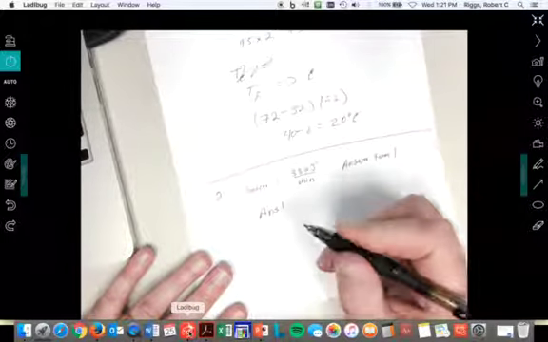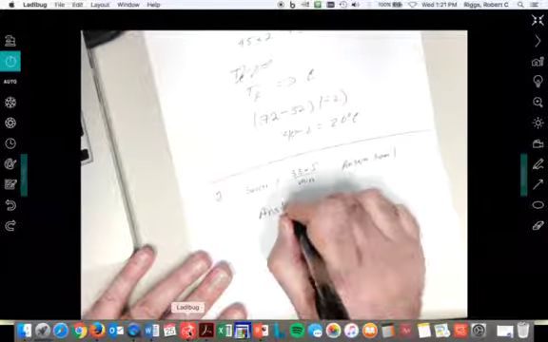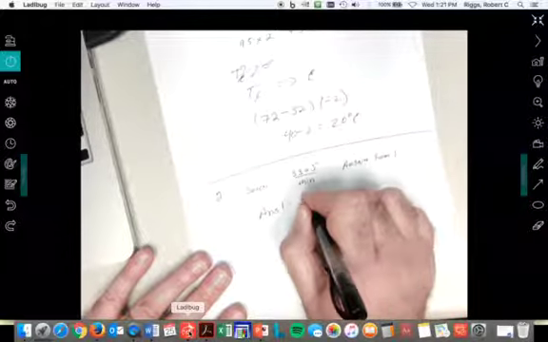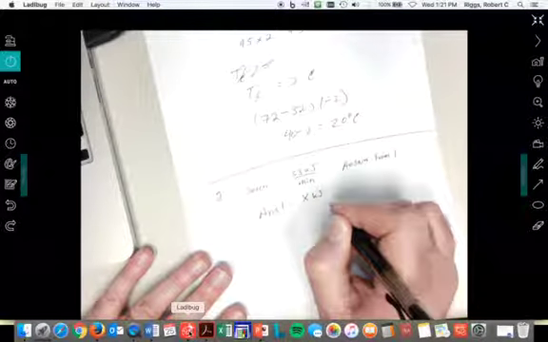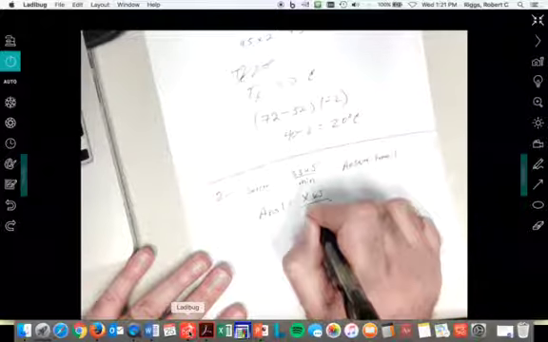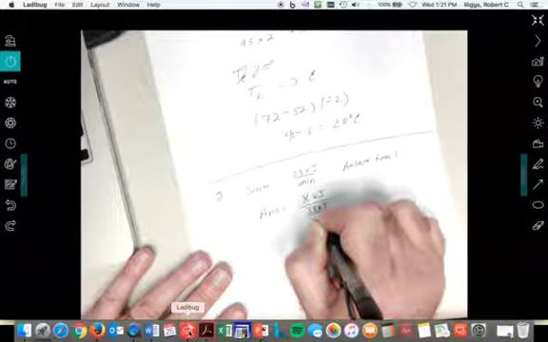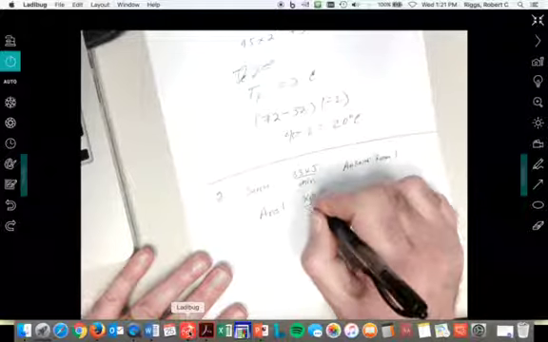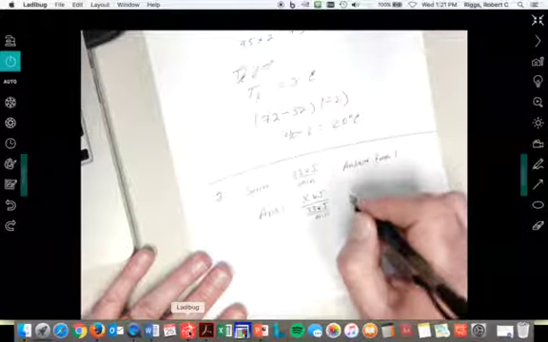is actually X amount of kilojoules. So if I take this amount and divide that by 33 kilojoules per minute, look what happens.